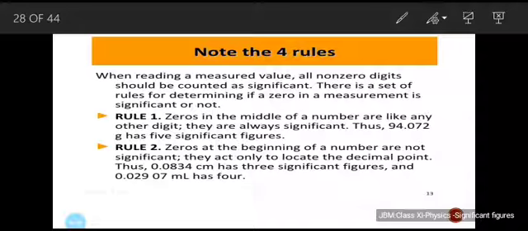So this value has 3 significant figures. What was the previous value? 0.23 centimeter when we were making use of the vernier caliper, and now with the spherometer we obtain 0.237 centimeter. Since this value has 3 significant figures, it should be considered more accurate.